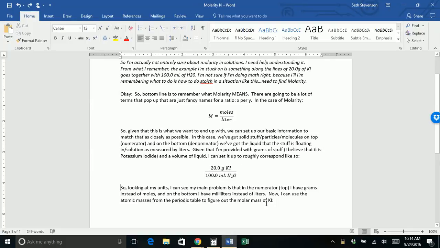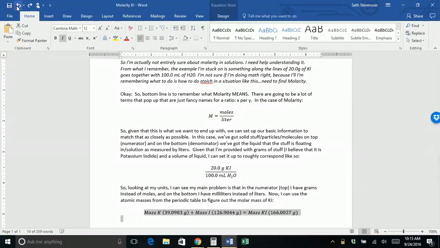Well, grams to moles is pretty obvious. We already know this. We can look at the atomic mass of all the different atoms that make up a compound, like potassium iodide, and we can add them up. So let's go ahead and do that.